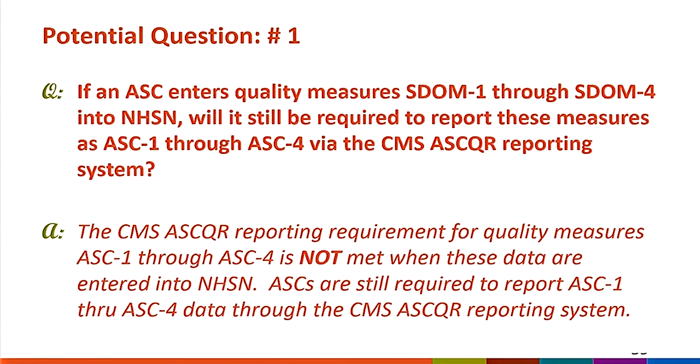And the answer to that is yes, they will still be required to report, as the CMS ASCQR reporting requirements for quality measures ASC1 through ASC4 is not met when these data are entered into NHSN. ASCs are still required to report ASC1 through 4 through the CMS reporting system.